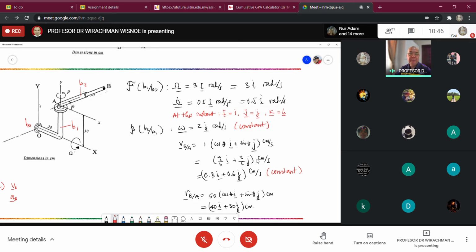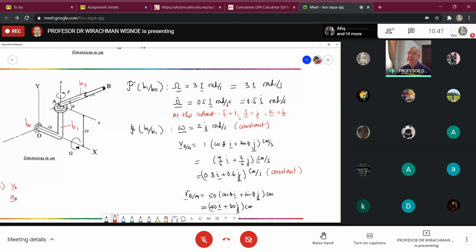I'm not talking about the location of the origin. This one, the origin is O, this one, the origin is A, but the direction is the same. So I can say that at this instant, capital I is the same with small i. Capital J, same with small j. Capital K, same with small k.